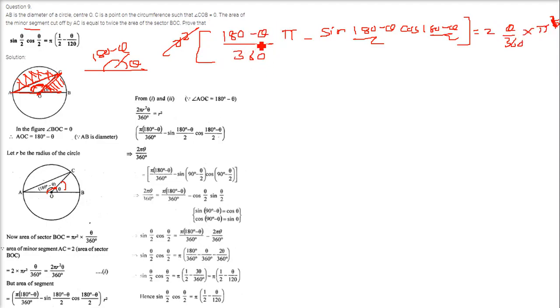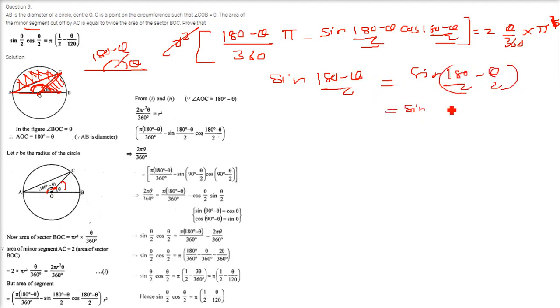See, 180 minus theta. First I'll just tell you what we have to write here. Sine of 180 minus theta by 2. This is sine of 180 by 2 minus theta by 2. I can take 2 in the denominator for both of them. So it becomes sine of 90 minus theta by 2, since 180 divided by 2 is 90.